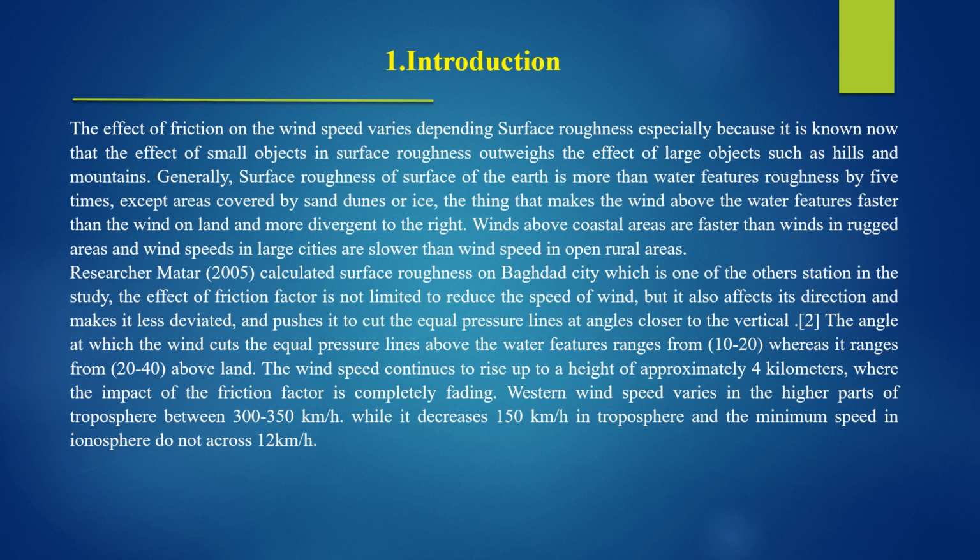Three forces control wind movement: atmospheric pressure and the strength of Coriolis, and finally the friction factor is a third force that affects the speed and direction of wind on the surface of the air.